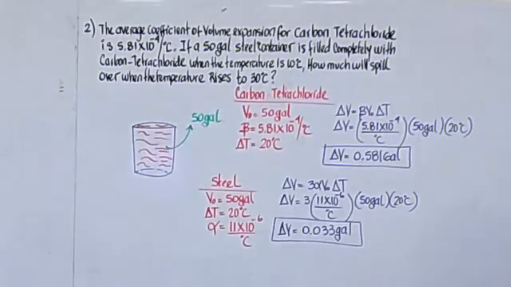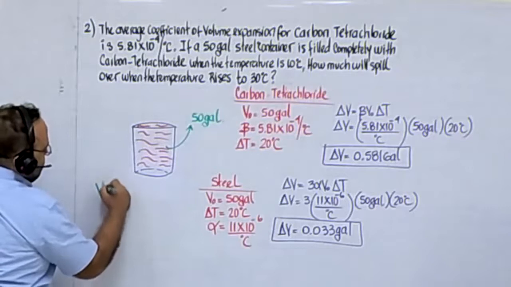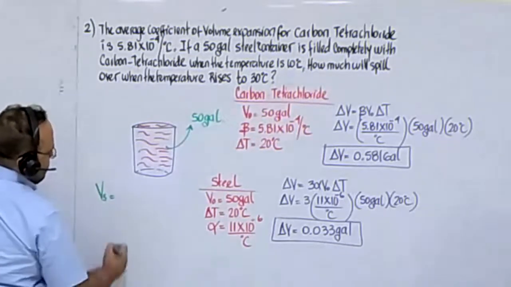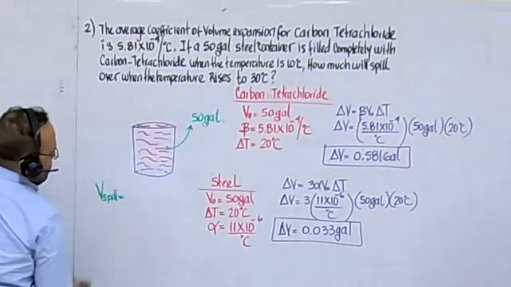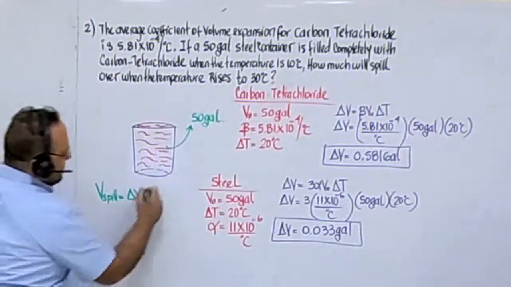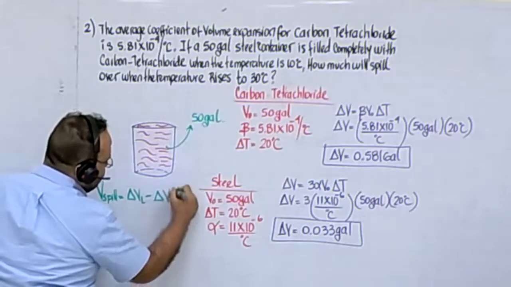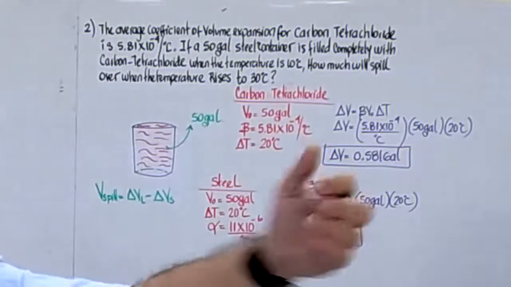Exactly. In simple words, the spill volume will be the change of volume of the liquid subtracting the change of volume of the solid, always without exception, because the volumetric expansion of liquids will be bigger than that of solids.